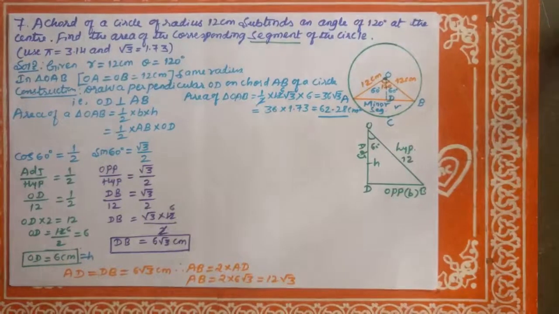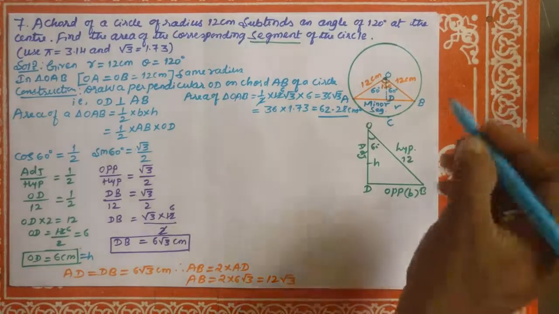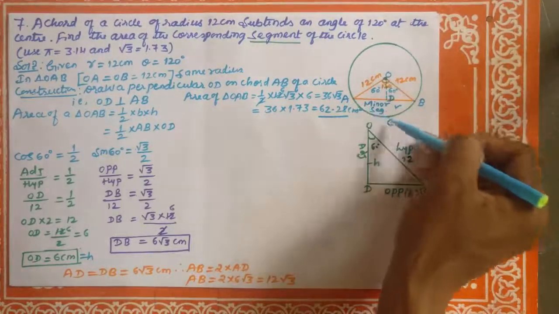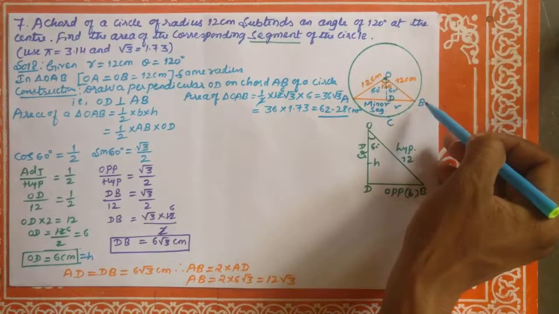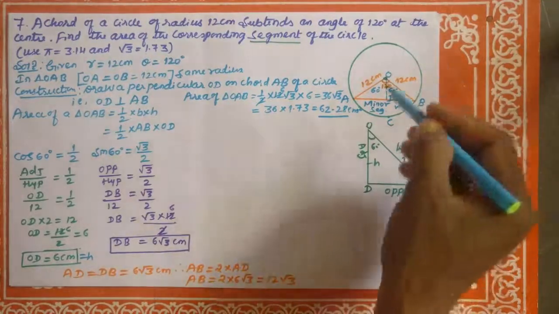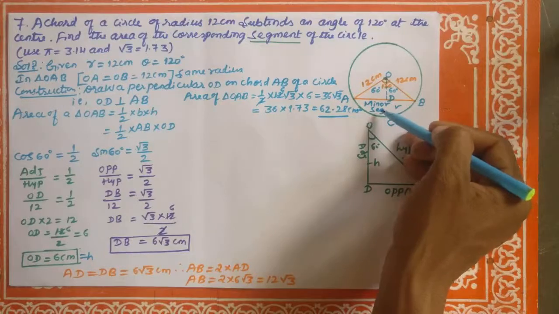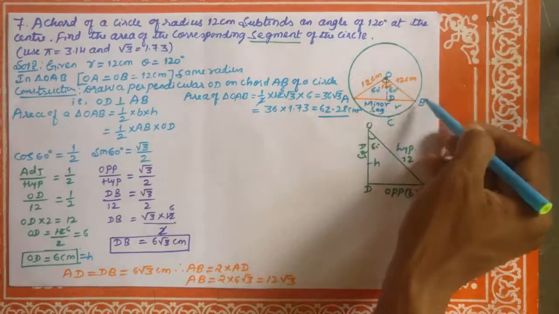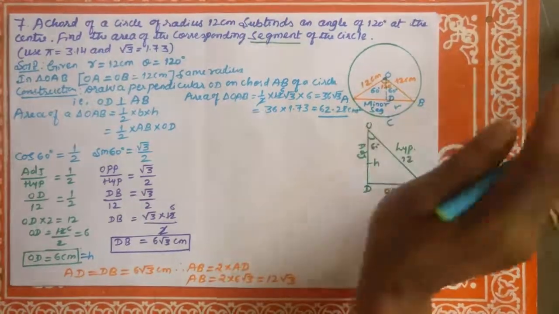Now we need to find out area of a sector OACB, and after that we need to find out area of minor segment. So area of minor segment is equal to area of sector OACB minus area of triangle OAB.